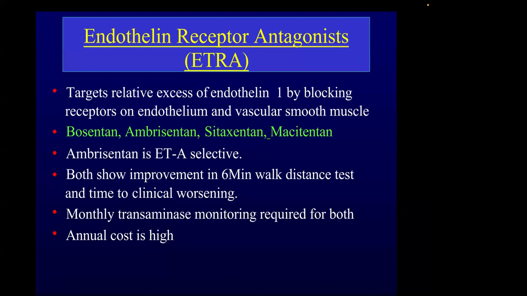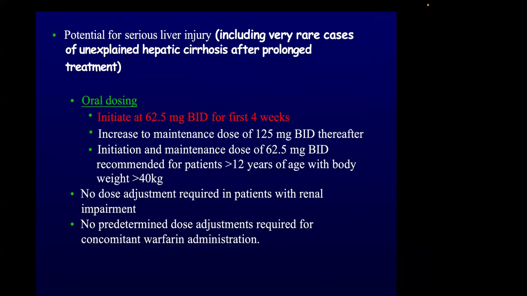Endothelin receptor antagonists: bosentan, ambisentan, sitaxentan, and macitentan. Both show improvement in the 6-minute walking distance test and time to clinical worsening. Monthly transaminase monitoring is required for both, and the annual cost is very high. There is potential for serious liver injury.